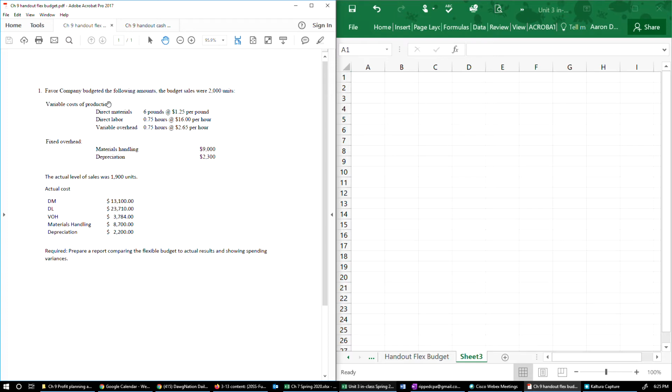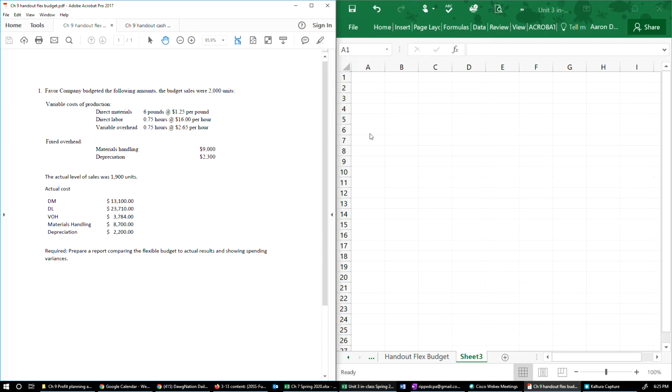This first piece, these are budgetary numbers. These numbers would have been on hand before you ever entered the period, because these would have been come up with by the budgetary committee. All right. Now, the actual cost, you fast forward it to the end of the fiscal year, and you have the actual numbers. All right. Now let's ignore the requirements for the time being.